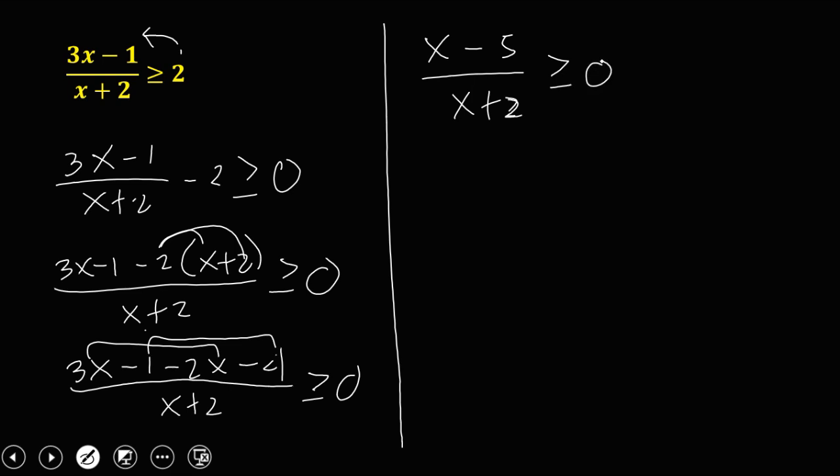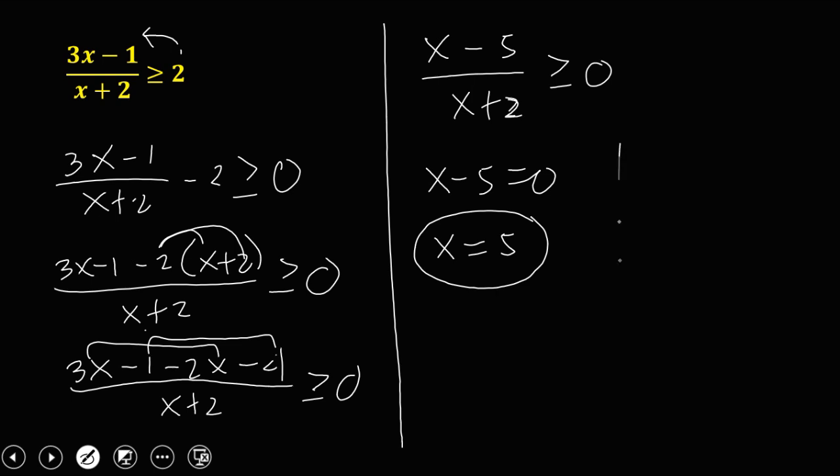So this time, we can equate now the numerator and denominator to 0. So start with x minus 5 equals 0. So x now is equal to 5. So this is our first critical value. And x plus 2 equals 0. So x now is negative 2.